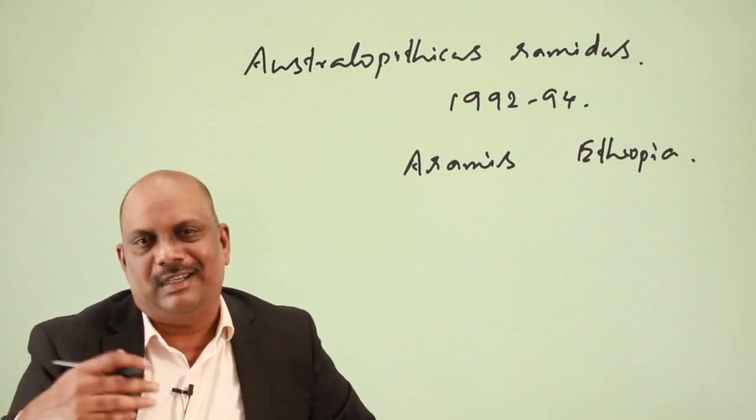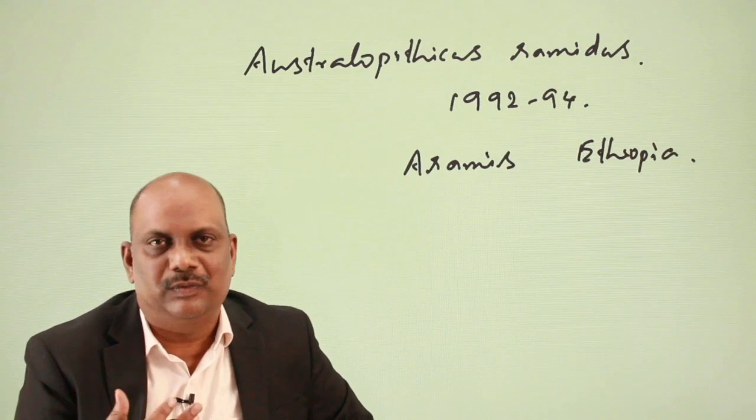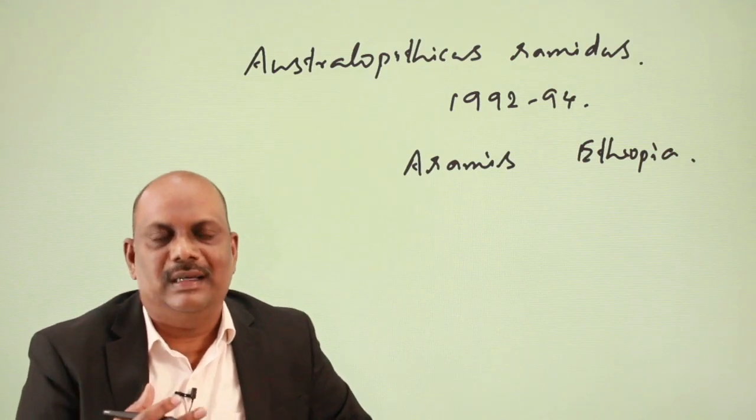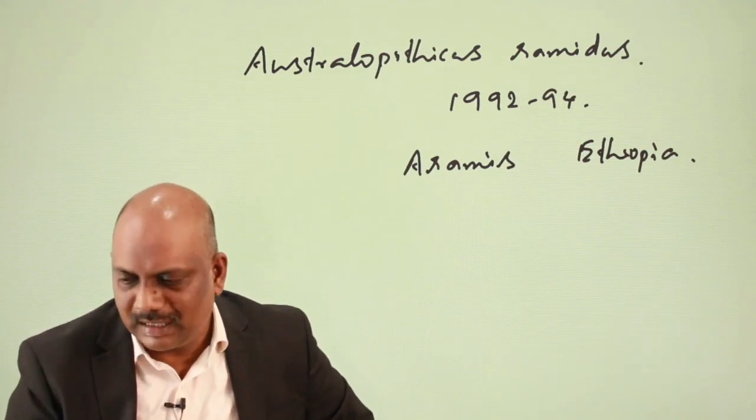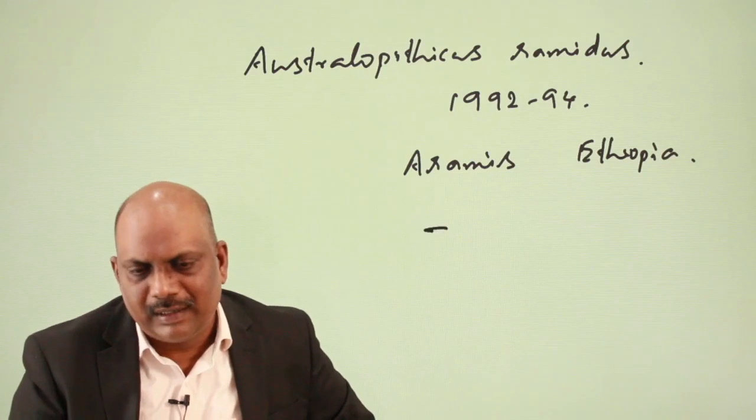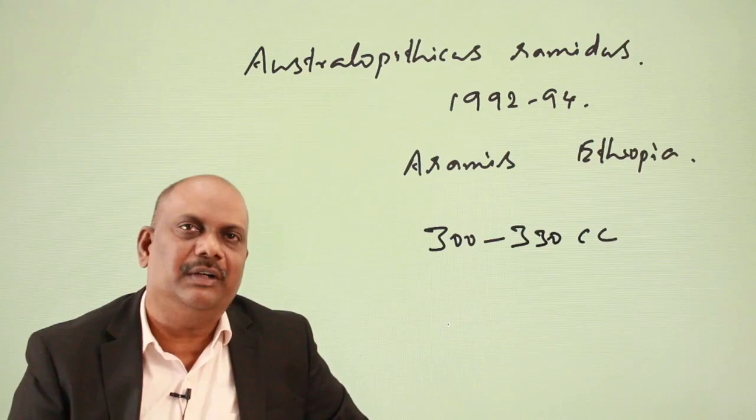But this fossil was slightly older, some 5 million years old, and the cranial capacity was very minimal, somewhere around 300 to 330 cubic centimeters.